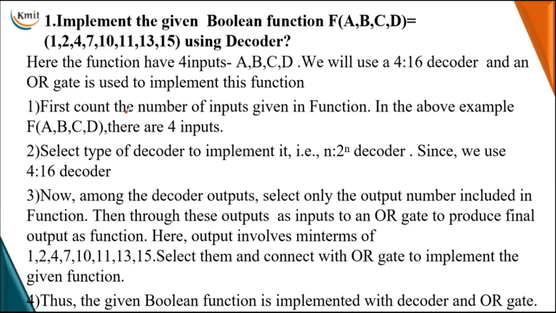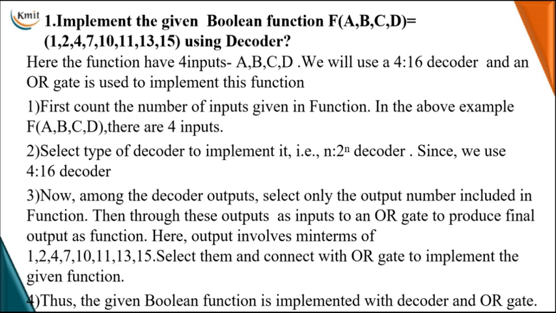When designing a Boolean function using a decoder, first we have to find how many variables are there in the given function. Based on the given inputs, you have to take the correct order of decoder. For example, if it is a 3 variable function, then we need a 3:8 decoder.